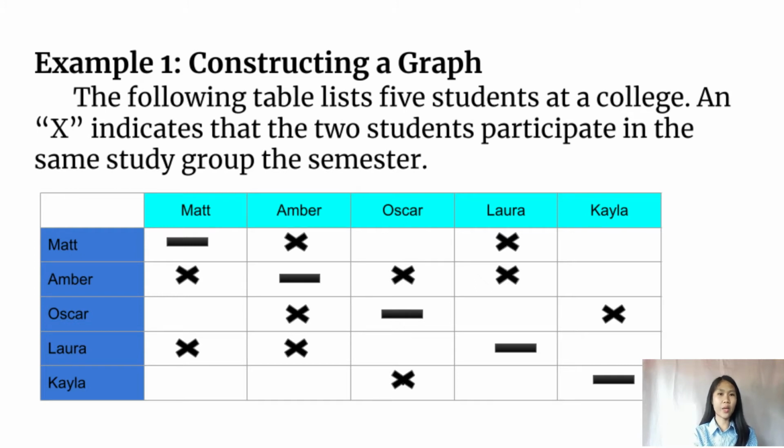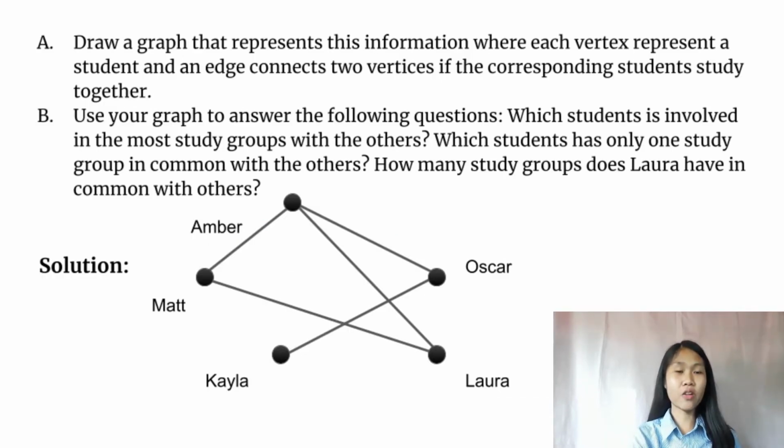We come now to example number 1, constructing a graph. The following table lists 5 students at a college. An X indicates that the 2 students participate in the same study group this semester. A. Draw a graph that represents this information where each vertex represents a student and an edge connects two vertices if the corresponding students study together.